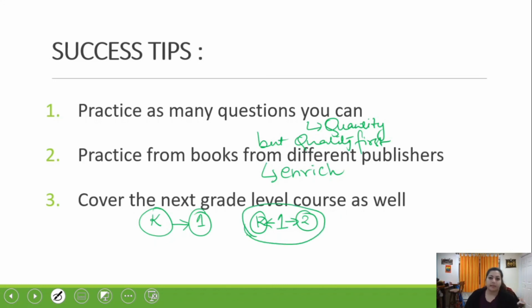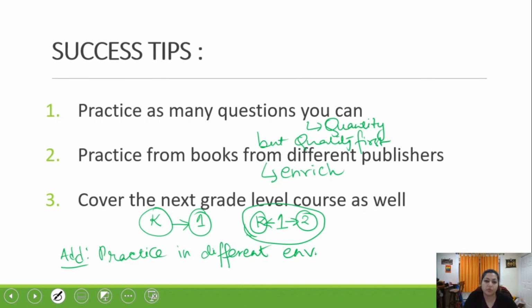Other than this, an additional tip will be to practice in different places, in different environments rather. Why? Because most of the time, kids know the stuff. It's just that it's not taken in a school setting, and sometimes you have to give the exam in a different kind of setting, in a different building, and they get perplexed and feel anxious.